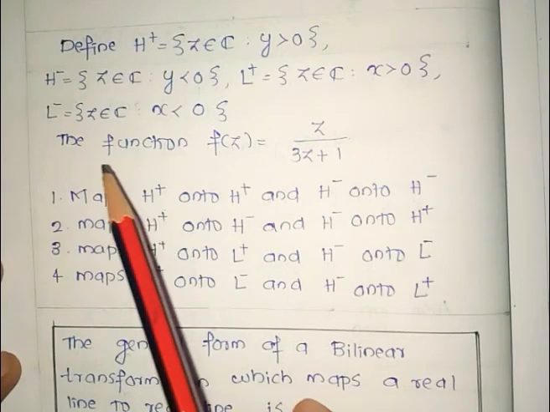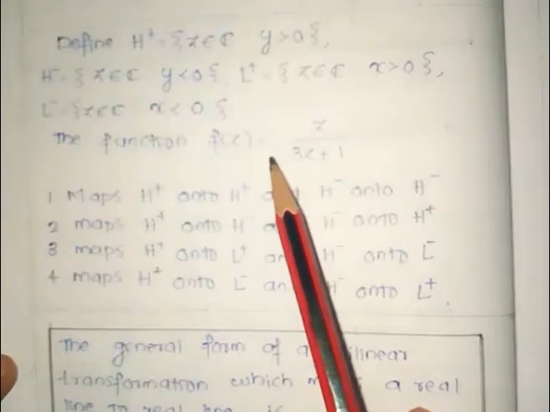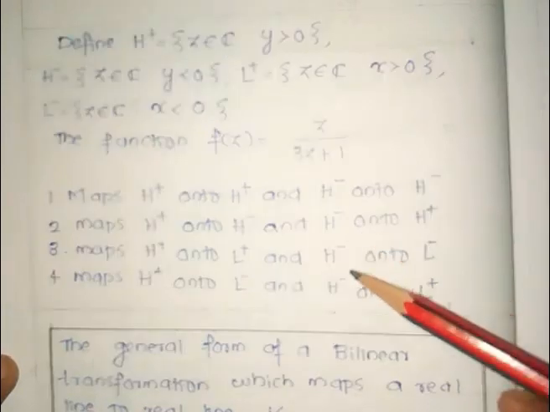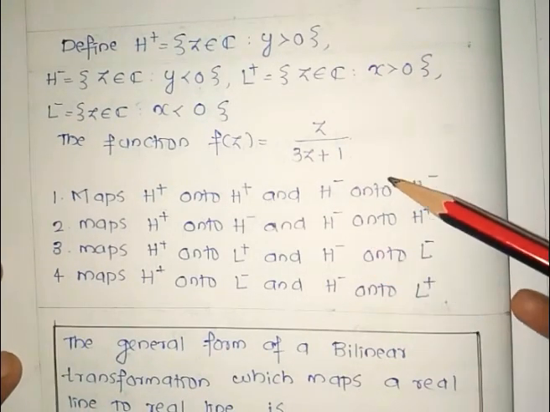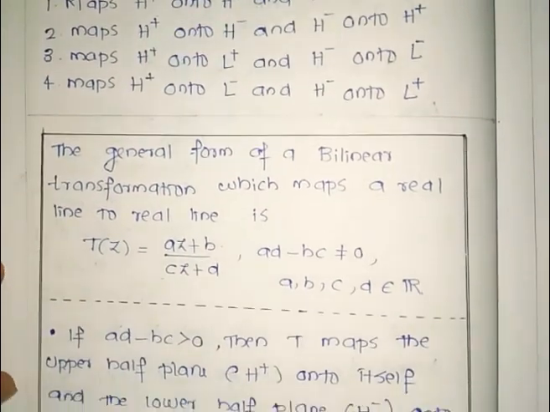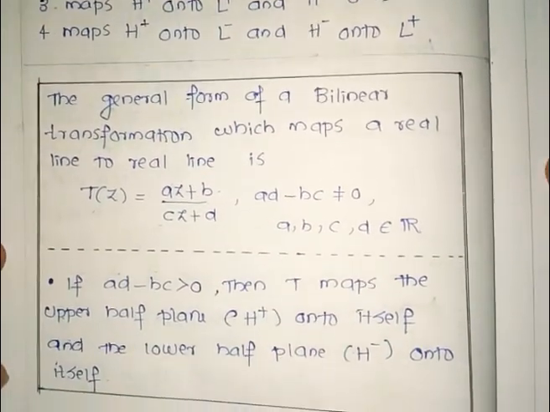Then we want to check whether the function f(z) = z/(3z + 1) and which of the following are correct. So we want to know a note, and by using that note we can simply solve this question.